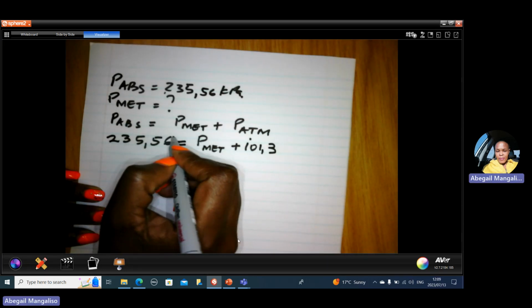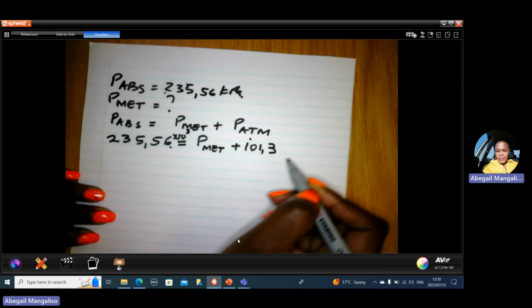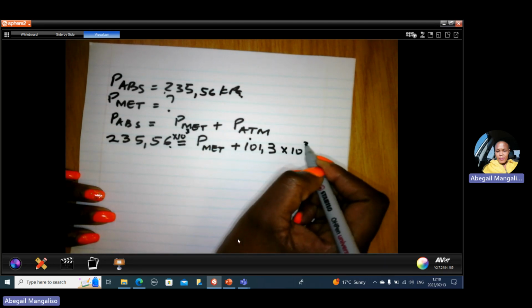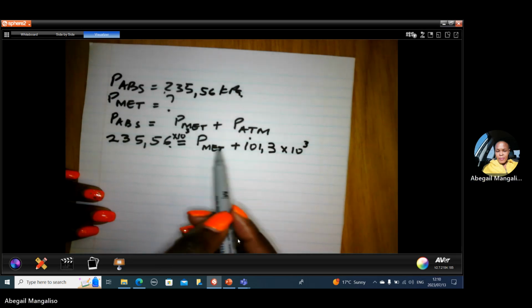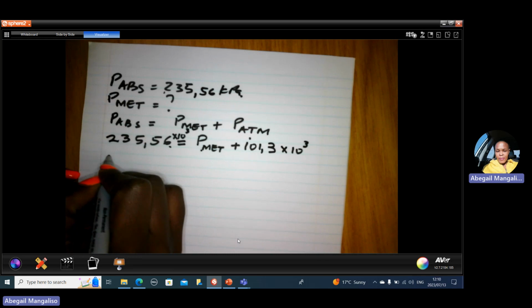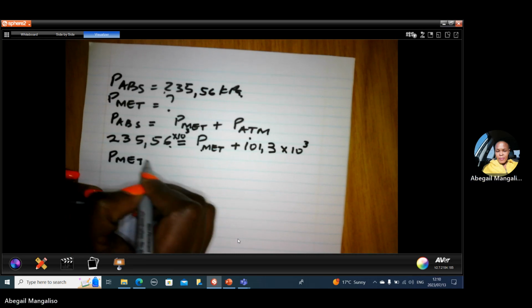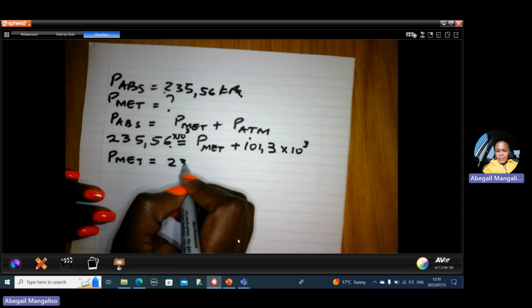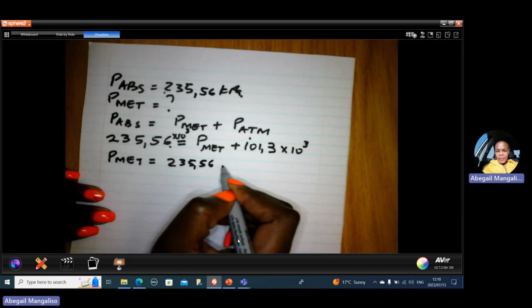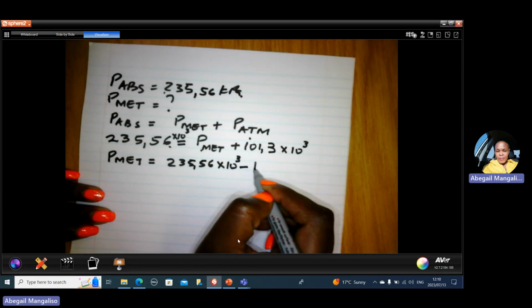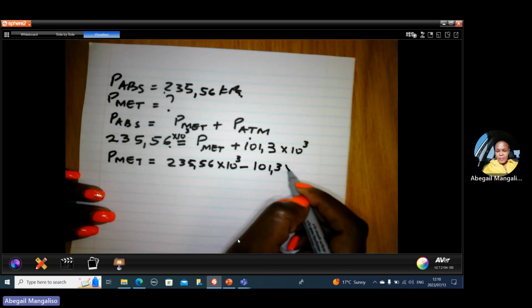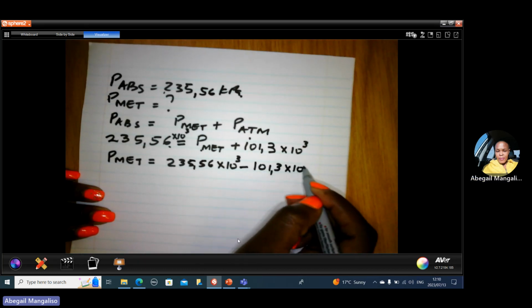You can multiply both by 10 to the power 3 to change to pascals. Now to make Pmet, the gauge pressure, the subject, it will be 235,56 times 10 to the power 3 minus 101,3 times 10 to the power 3.